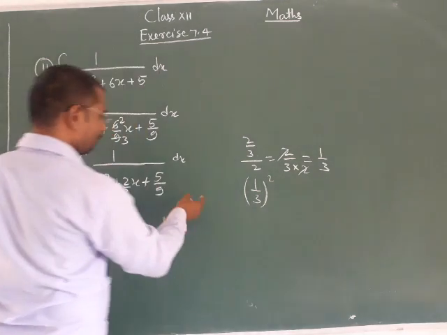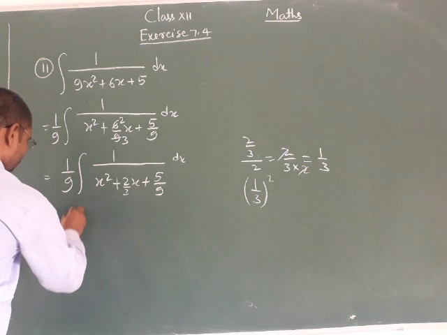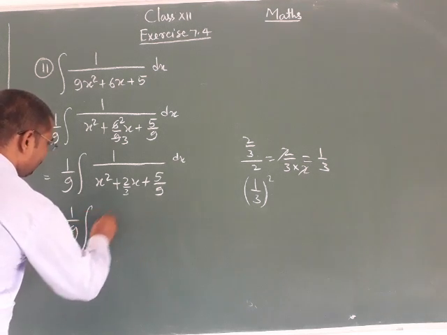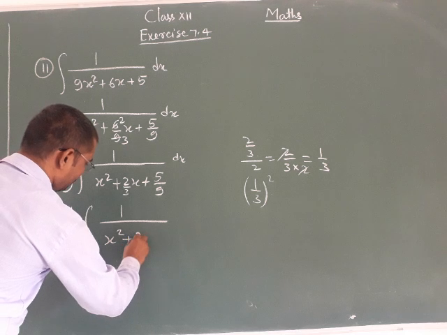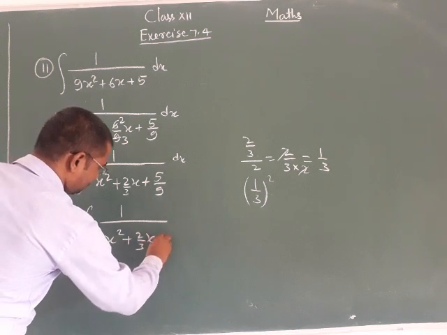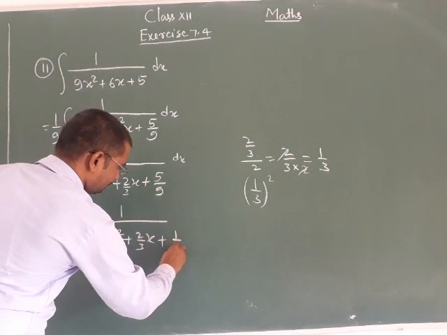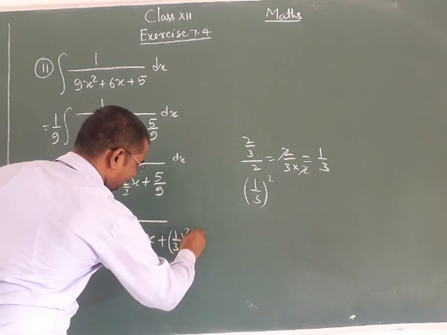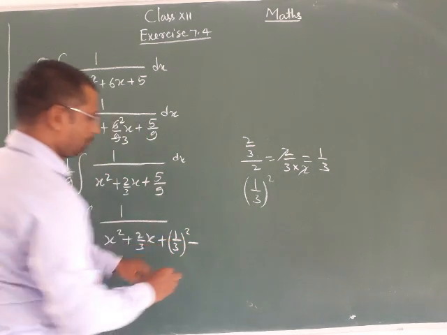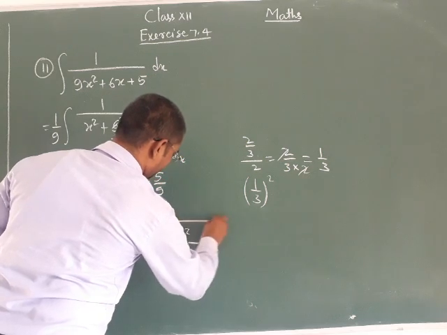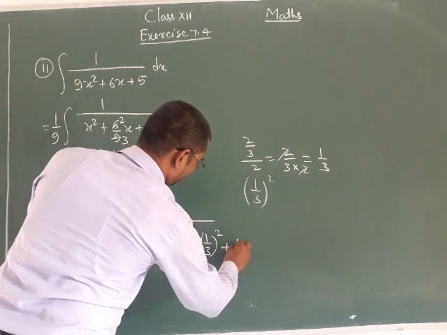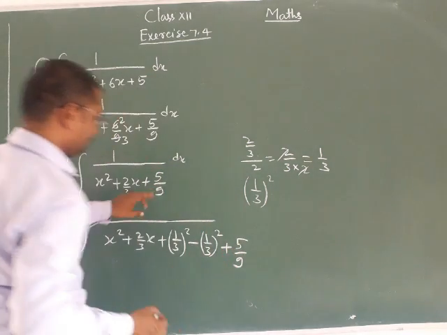So now we get 1 upon 9, integral of 1 upon x square plus 2 by 3 x plus 1 upon 3 square minus 1 by 3 square plus 5 upon 9.